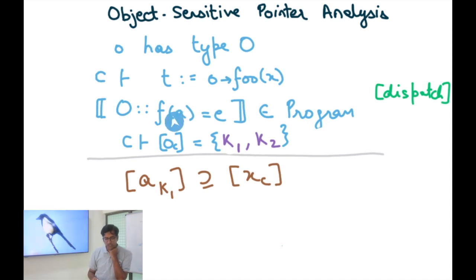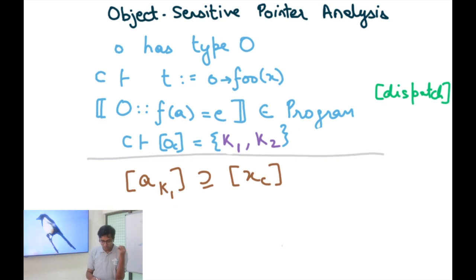So first of all, I'm going to transfer this information for a in two different contexts, because it's an object sensitive, context sensitive analysis. Because o could have pointed to two different objects, K1 and K2, the callee will be evaluated in both those contexts. So one of those contexts is K1.